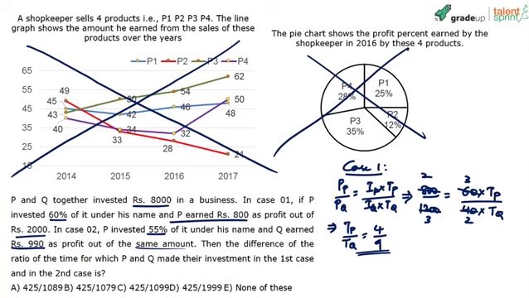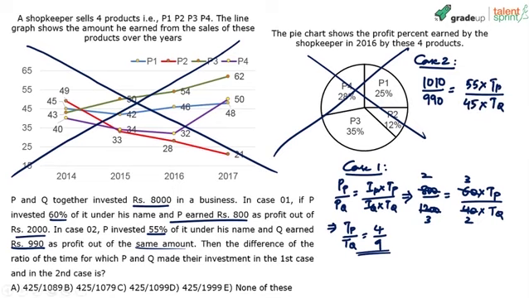So in case 2, what do we get? I'm not writing the formula again, I'm just taking up the profits respectively. So Q earned 990. If Q has earned 990, obviously P has earned 1010. So 1010 by 990 equals P's investment, which is 55, times time of P's investment, by Q's investment, which will be 45, times time of Q's investment.